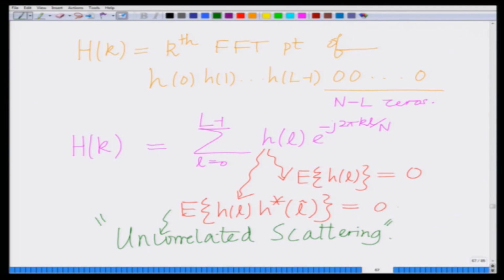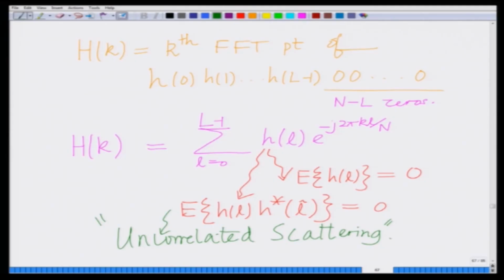So, what are we assuming? We are assuming that each channel coefficient h l is a Rayleigh fading channel coefficient, which means each h l is complex Gaussian. We are assuming that each h l is zero mean, the expected value of h l is 0. The correlation between two different channel coefficients, the expected value of h l times h conjugate l tilde, is equal to 0, which means the coefficients are uncorrelated.